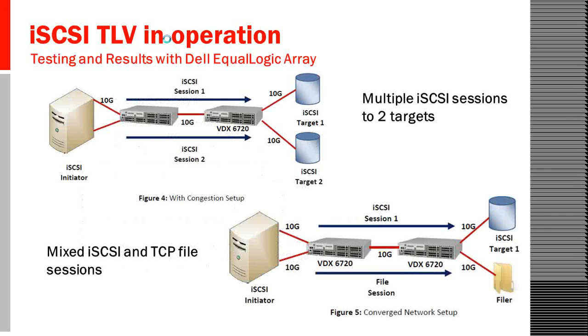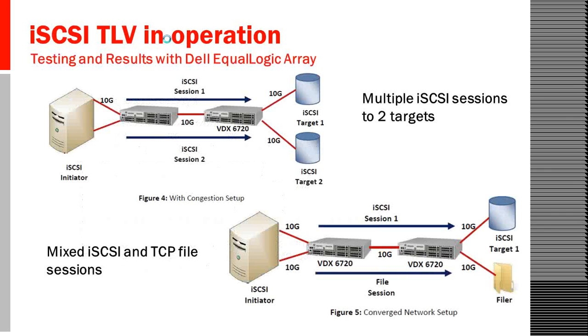So yeah, here's some testing that was done with, as I say, the Dell EqualLogic array. Again, it's a chance for me to read my own screen, but I know at the top there, it's a simple fabric. It's only 2 switches, but of course it's more than possible to have congestion on that link by running, in the case at the top, multiple iSCSI sessions with large amounts of bandwidth to the two iSCSI targets, and then also to have a mixed session, which you probably may well still want to design away from, but it is really proving that you can ascribe lossless Ethernet to iSCSI traffic and just kind of best effort to other LAN type traffic.